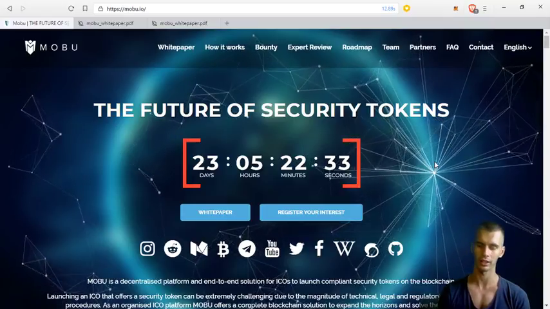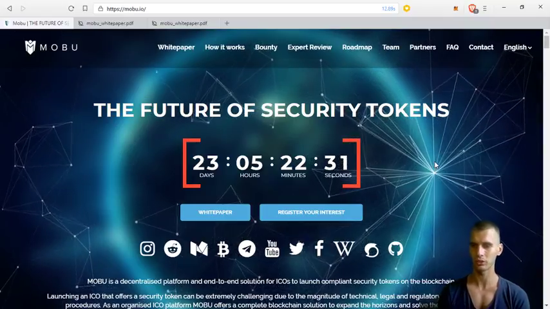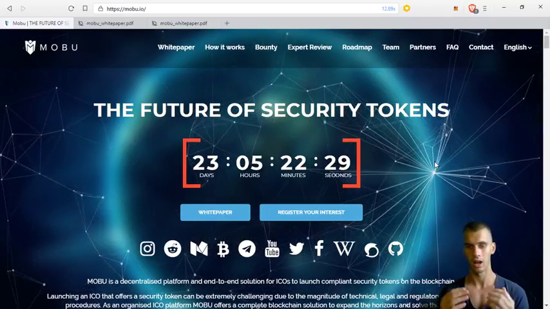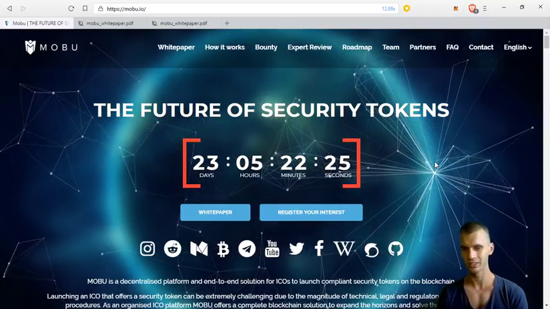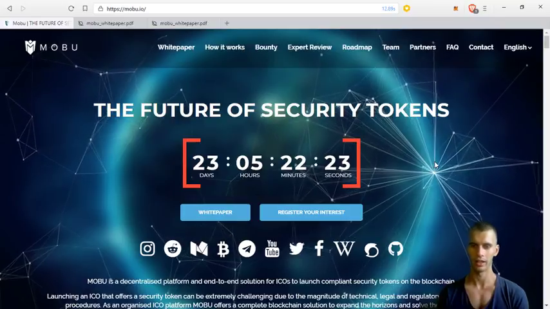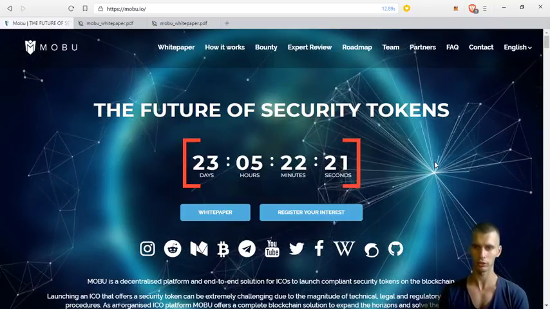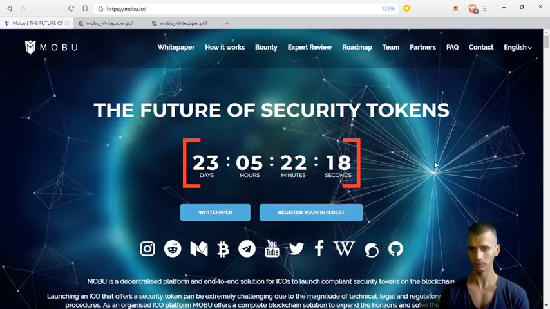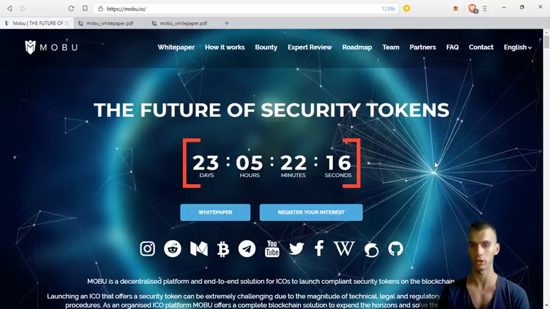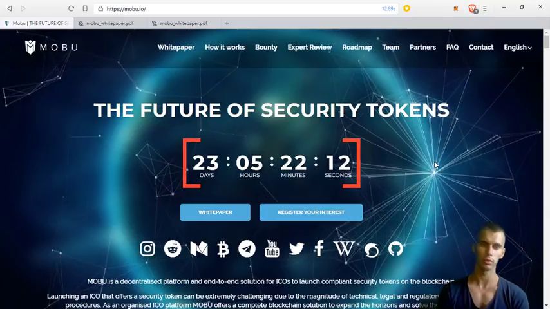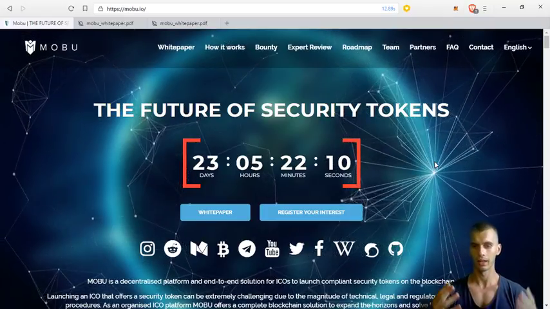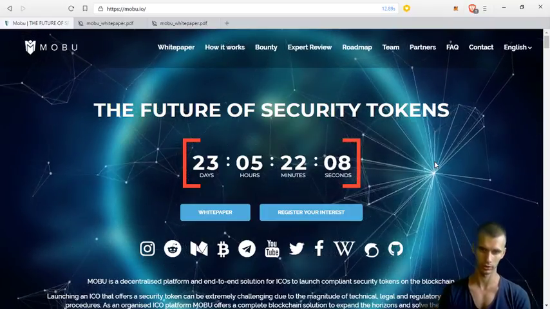Some are trying to give utility to them, but a lot of them failed and the token has very little utility value, and they struggle to find utility value for that. It would have been much better if they just did a security token. So Mobu is going to be a platform helping launch these tokens.